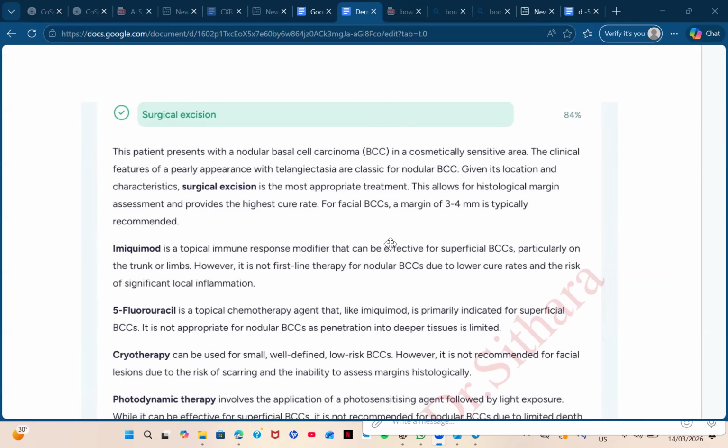Now, if we discuss generally how the treatment depends, we have superficial one and what else? Good. So, what is the treatment for superficial BCC?